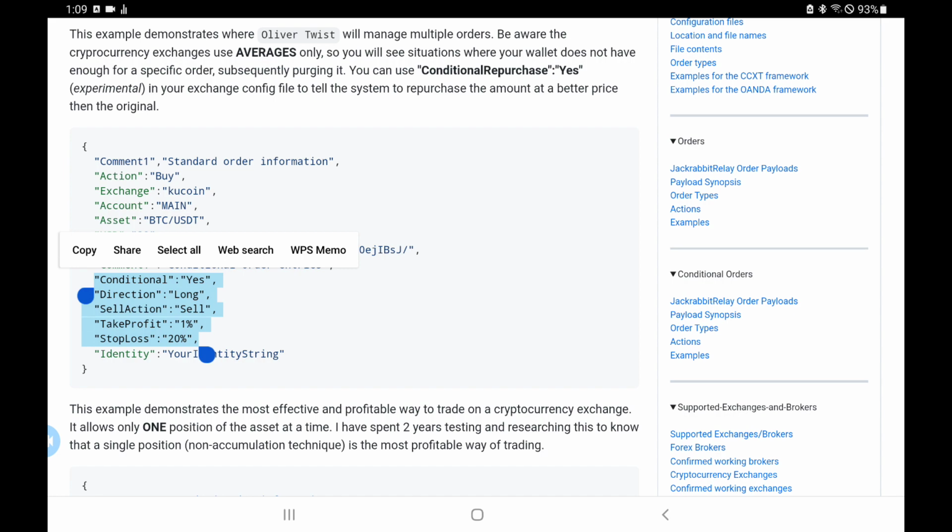At this point for the conditional order, your strategy should be so fine-tuned that a duplicate order from TradingView isn't an issue. And there are ways that Oliver Twist will deal with any duplicates coming out of TradingView, which is our next example.